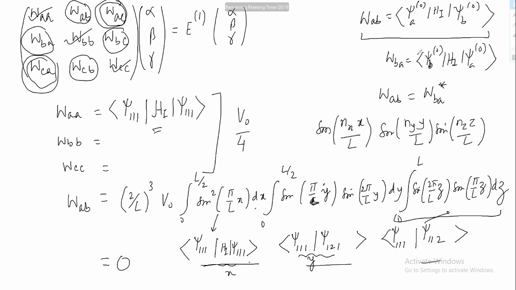Now when we talk about WBC, this part will have psi 111, this part will have psi 111, psi 121, and this part will have psi 211, psi 111. Okay, this is what we will write.